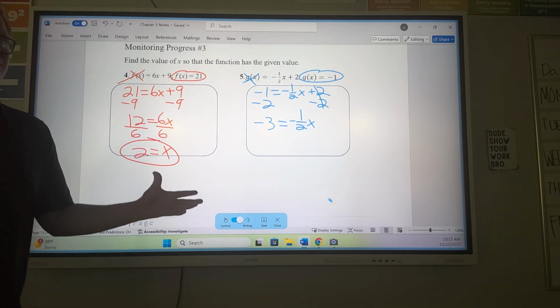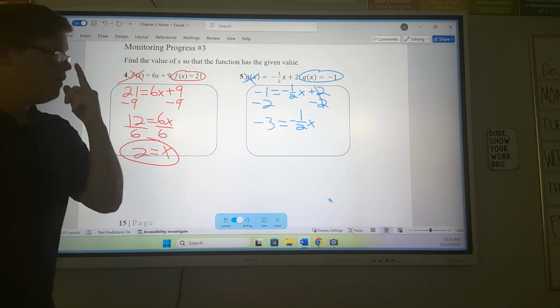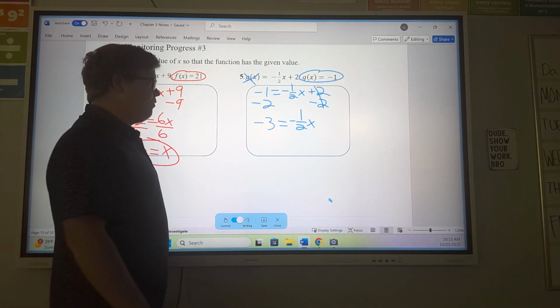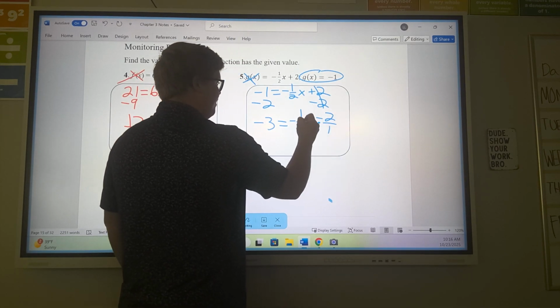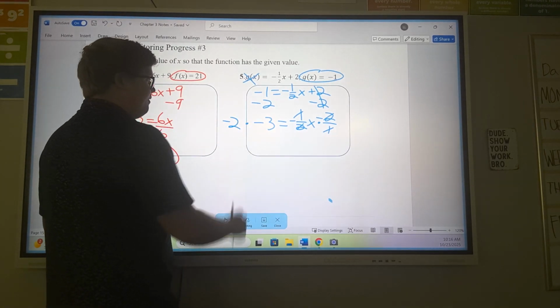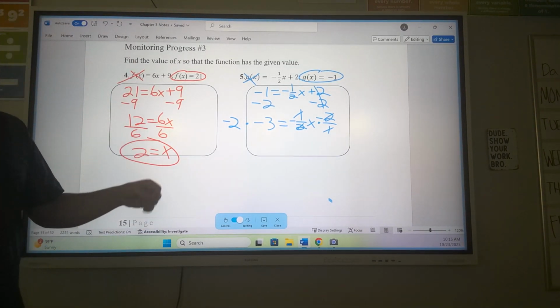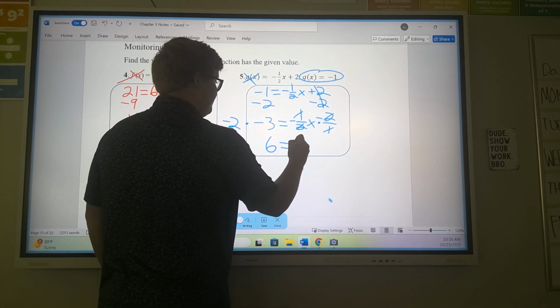And again, this is a situation where you can either divide by -1/2 on both sides, or we can multiply by the reciprocal. When we are dividing by 1/2, we are technically multiplying by 2/1, which is just 2, right? So we're multiplying this by -2. A negative 3 times a negative 2 is a positive 6. So 6 equals x.